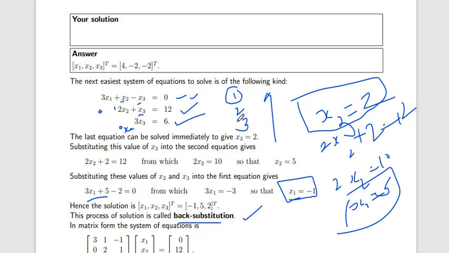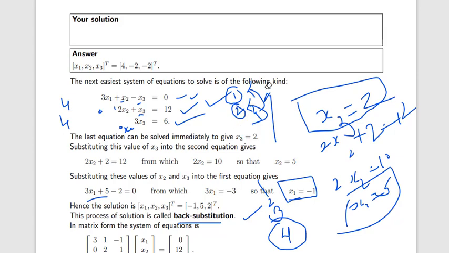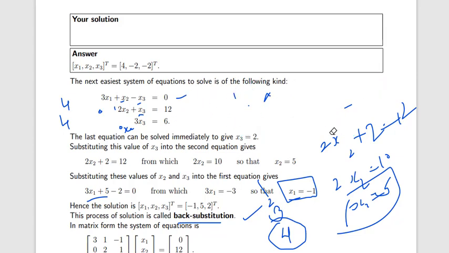First we solve the third equation, then this value is put into the second, and we solve the second equation, and then these two values are put into the first equation, and we solve the first equation. So back, 3 to 1. If there are 4 unknowns or 4 equations, then first we solve the fourth equation, then third, then second, then first. These types of method are called back substitution.